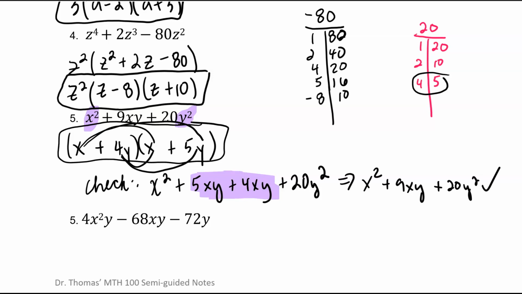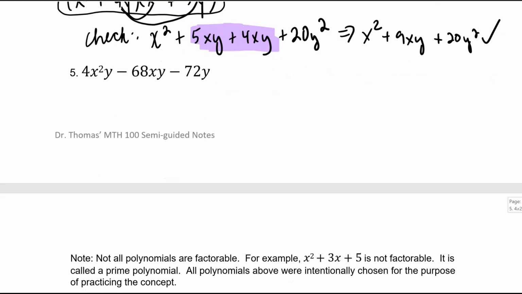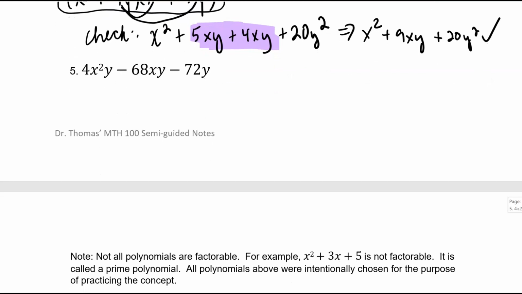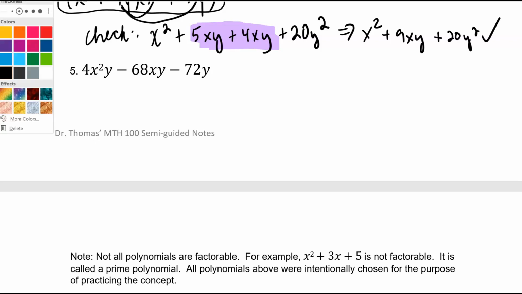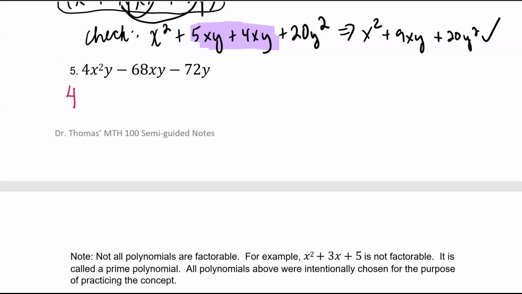Moving on to number 5, we have 4x squared y minus 68xy minus 72y. Again, we need to take out the GCF, which seems to be 4y, because notice that the y is in every term, so it's definitely in common.